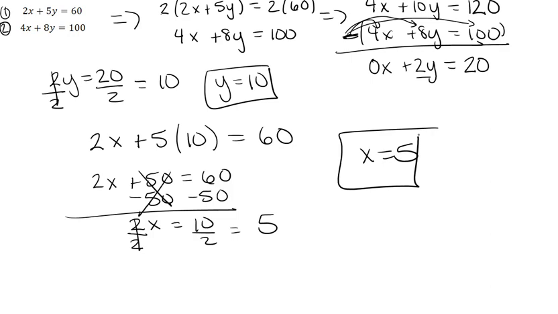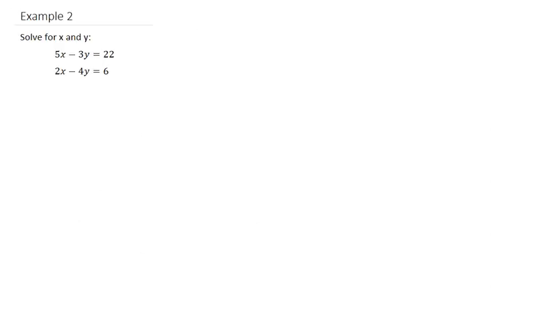Now let's do another example. Example 2, solve for x and y. We have 5x minus 3y, which is equal to 22. Then we have 2x minus 4y, which is equal to 6. So how we're going to do that is we need to do addition or subtraction.